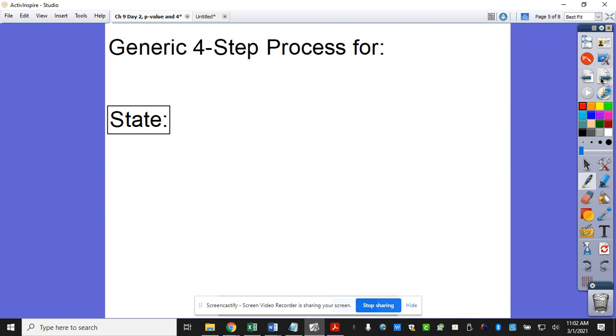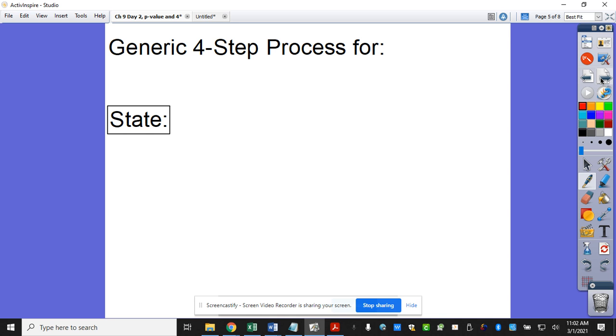All right, so last thing we're doing today is the generic four-step process. Like I said, we're going to be doing a bunch of these. So this is what number? Number 5.